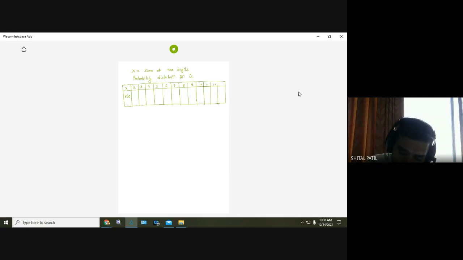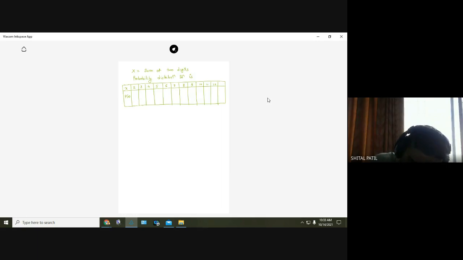These are the different possibilities for the sum. Okay. And what is the probability that we will get 2? 1 divided by 36. 2 divided by 36. 3 divided by 36. 4 by 36. 5 by 36. 6 by 36. Now again 5 by 36.